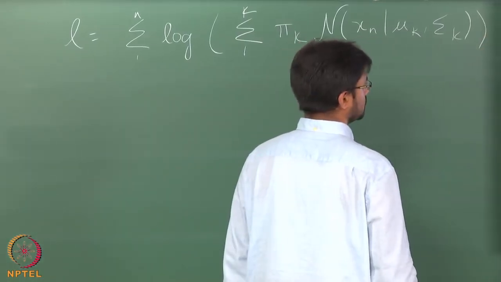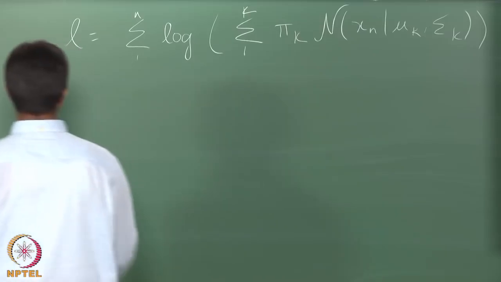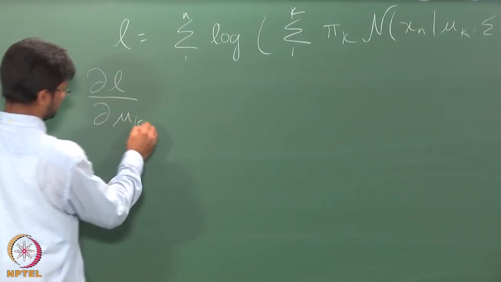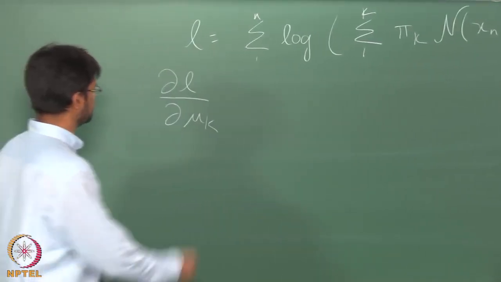So, this is the log likelihood, and what we want to do is find the partial derivatives with respect to mu k first.